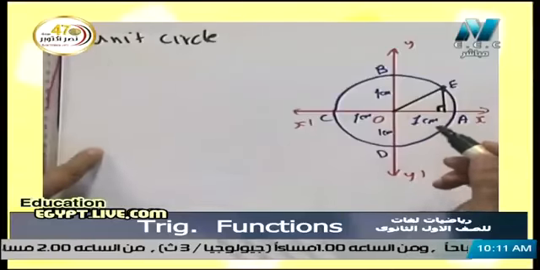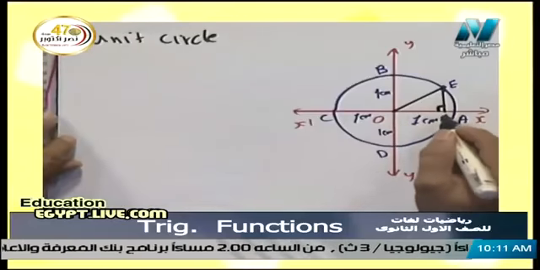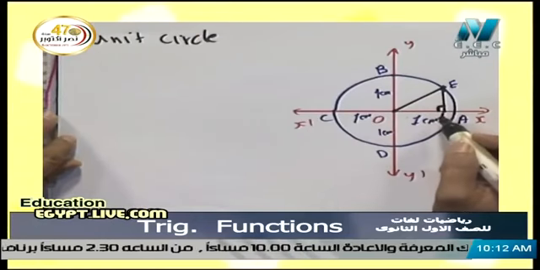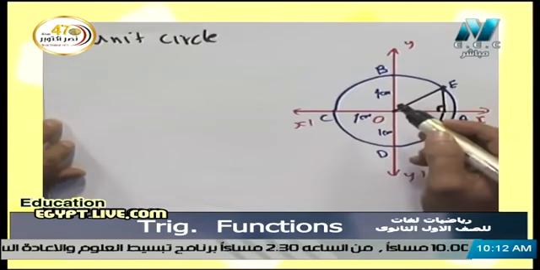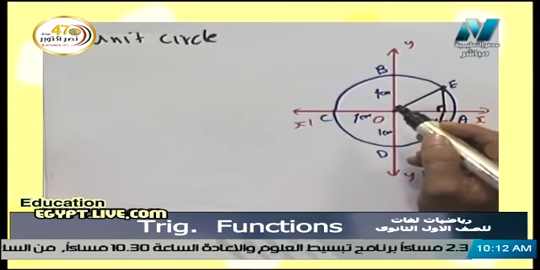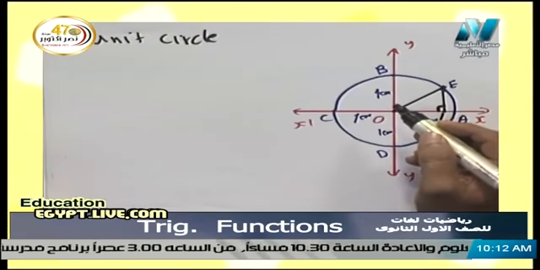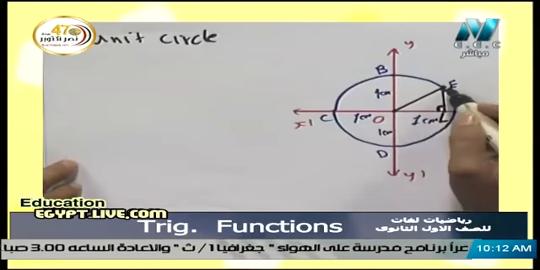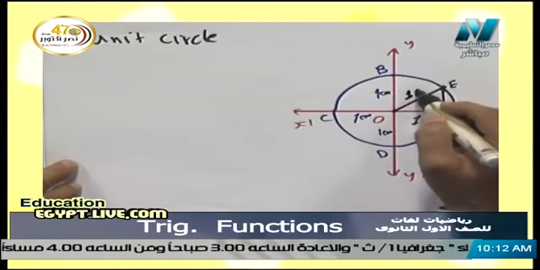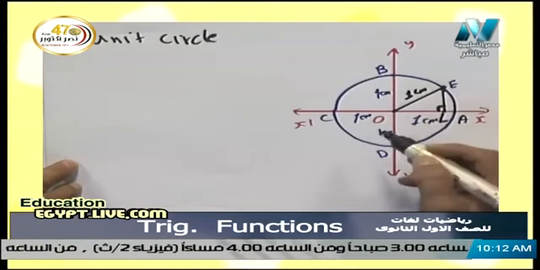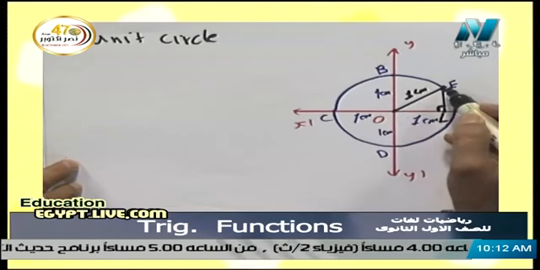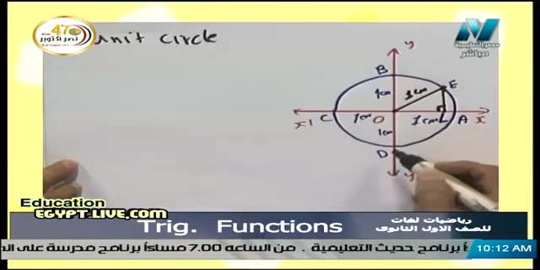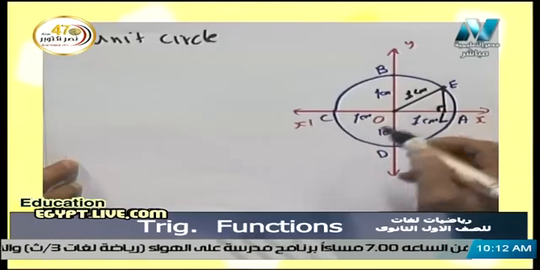So we have the right angle triangle OEL as an example. Some of you intelligent students can easily tell me the length of OE. Yes, it's 1 unit also, because OE is the radius of the circle, equal to OA, OB, OC, OD, and so on. So OE here is the unit.